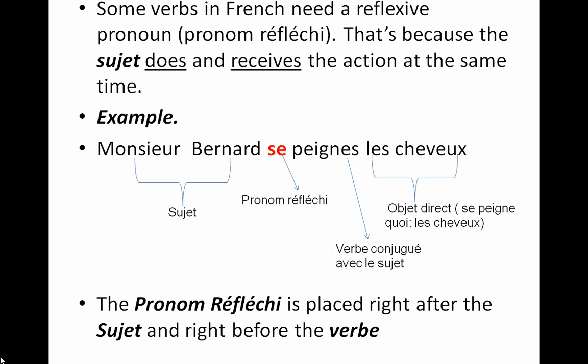Usually the pronom réfléchi is placed right after the subject and right before the verb.